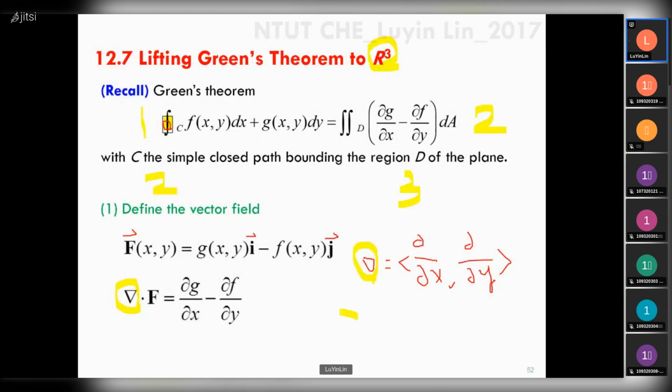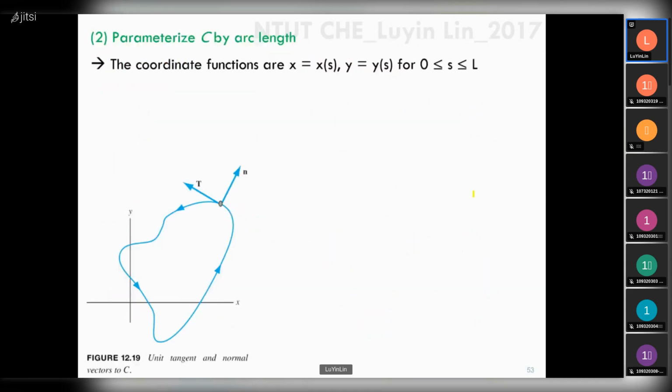This symbol is called del. It's called del, okay, del, del, del. So this is del F. Del F is this one.